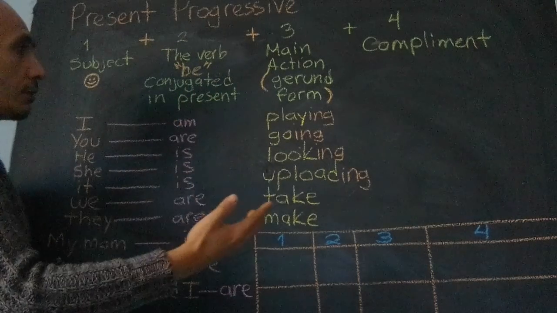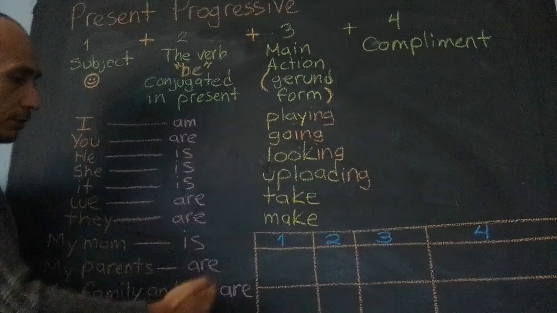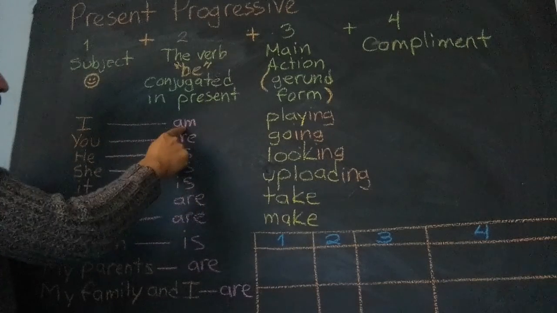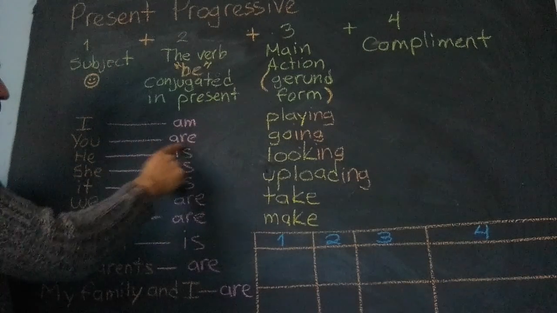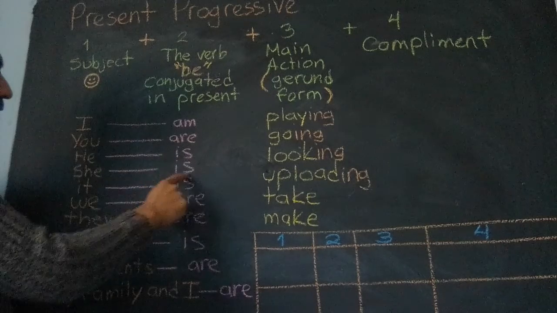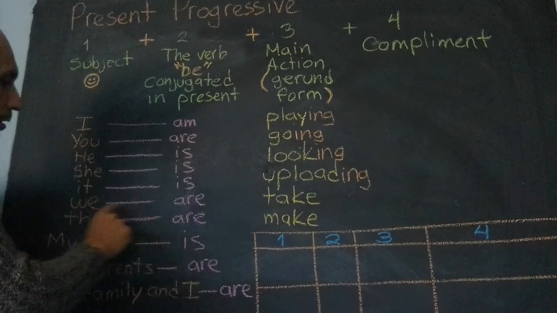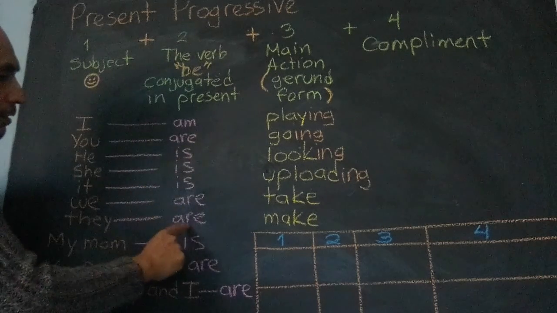The conjugation of the verb being present, you already know, is very simple. I am, you are, he is, she is, it is, we are, they are.